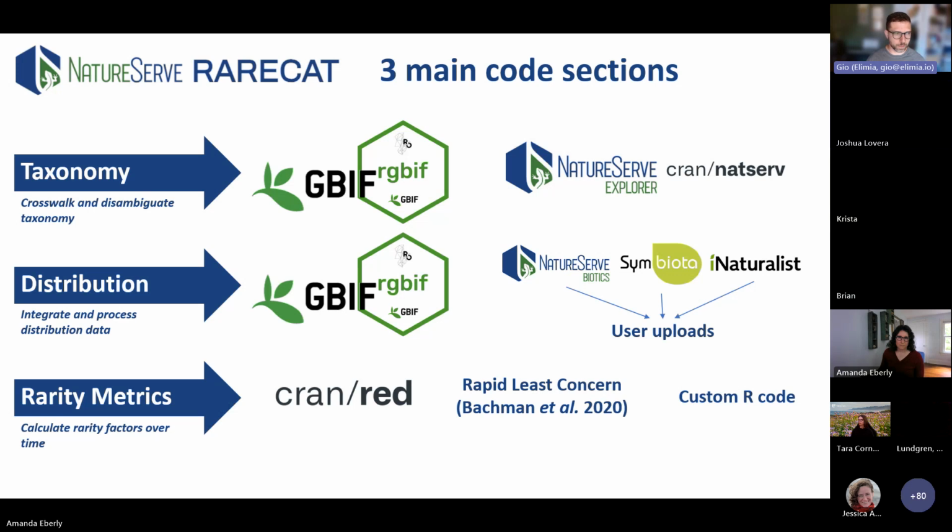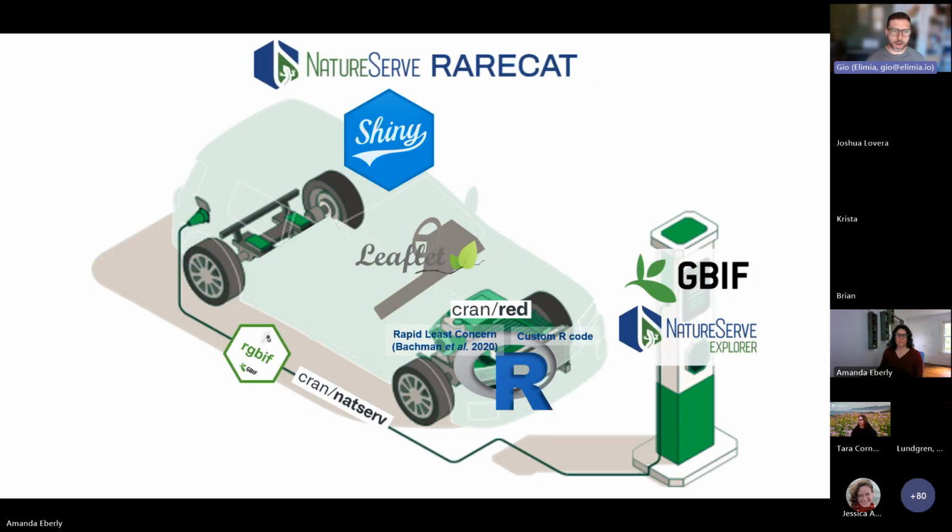Next slide, please, Amanda. So I made this perhaps slightly tenuous link with an electric vehicle to convey what the structure of RARECAT is. Essentially, RARECAT is connected to GBIF and NatureServe Explorer, which provide the electricity, if you will, or the data.